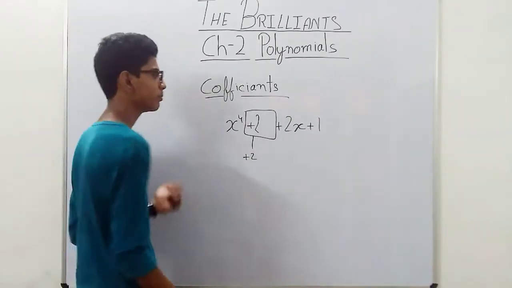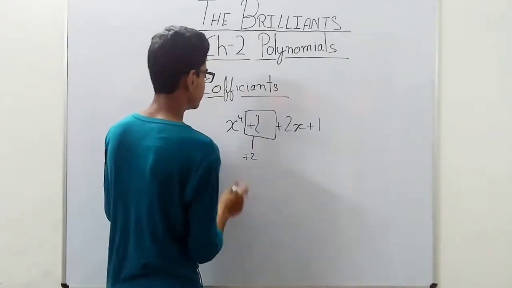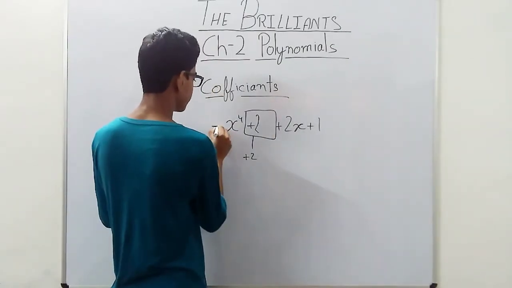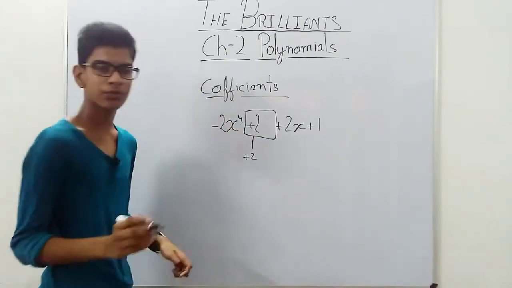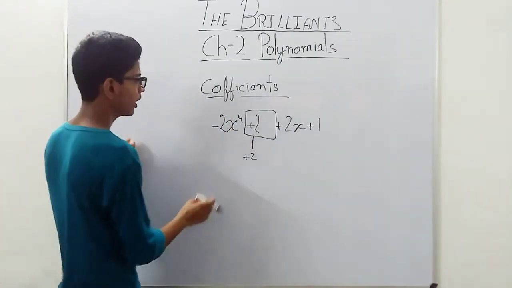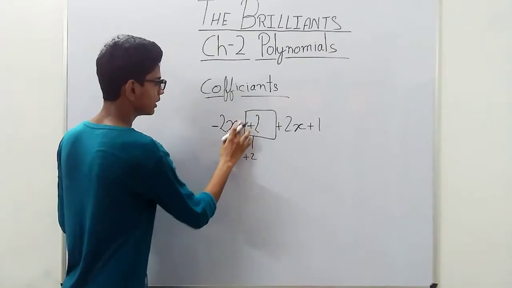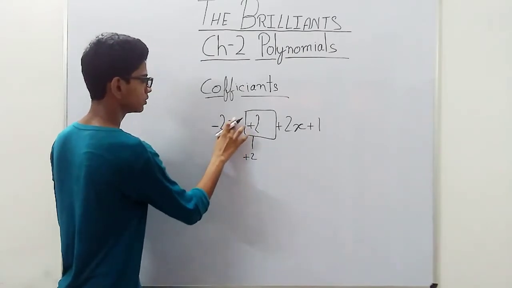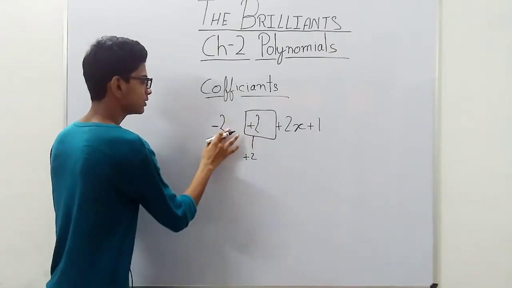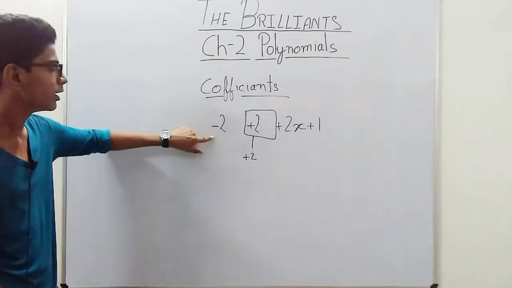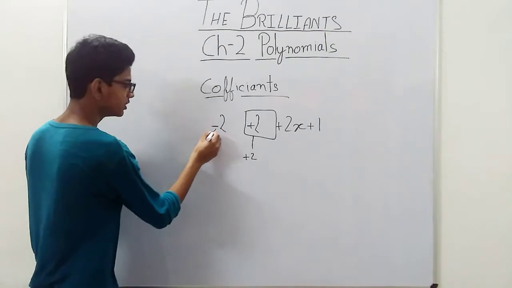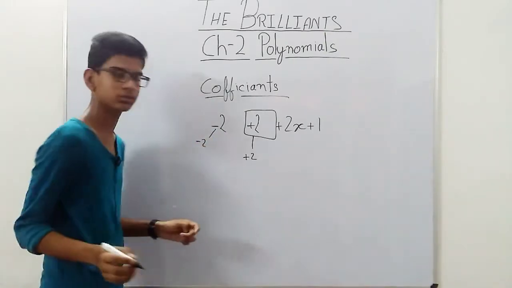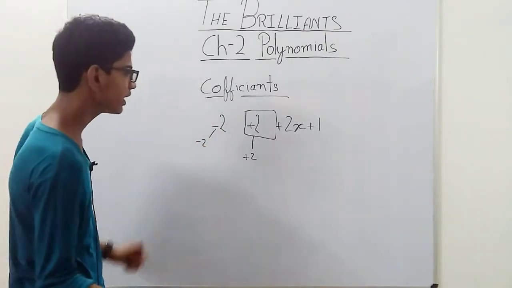But if we find the coefficient of x to the power 4, if we erase this x to the power 4, what is left? It is minus 2. So the coefficient will be minus 2. Understand?